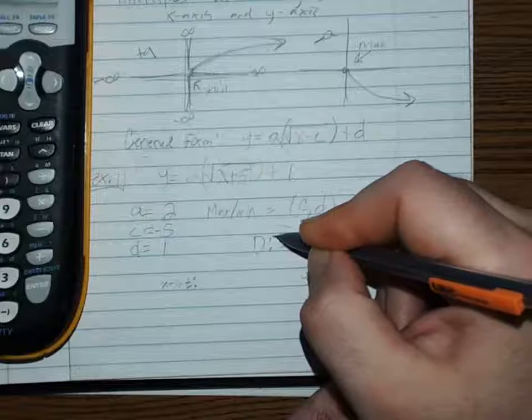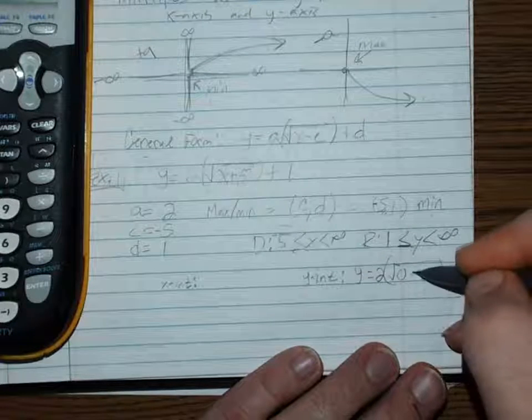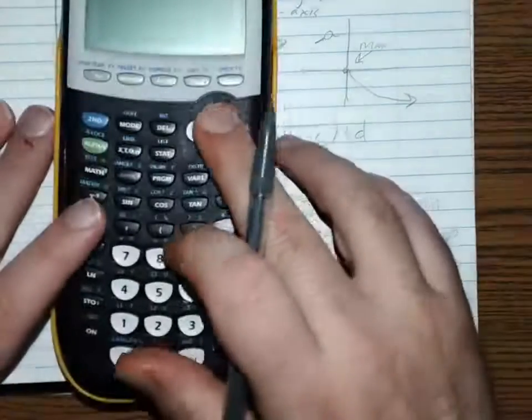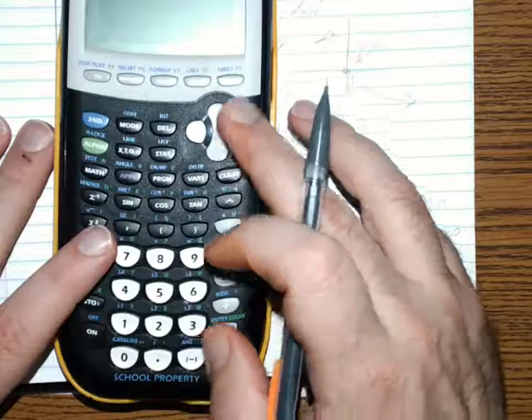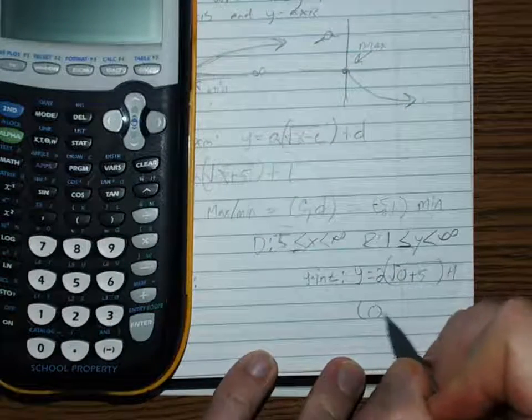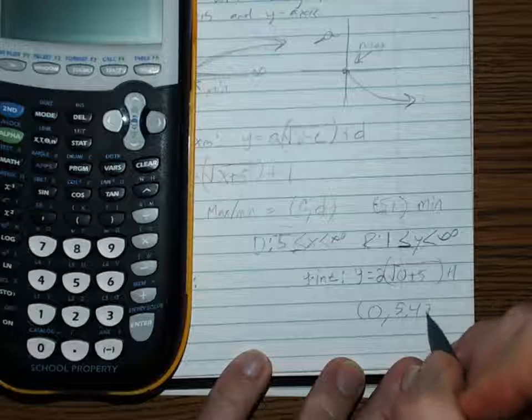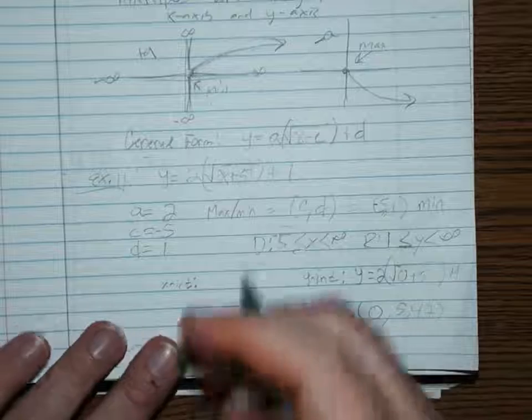It doesn't change anything except that negative goes in front of the 5. That's all. And we'll make that plus. And if I do that, I get 5.47. So 0, 5.47. We'll round to 2 places. That's not bad. That's really not too bad.